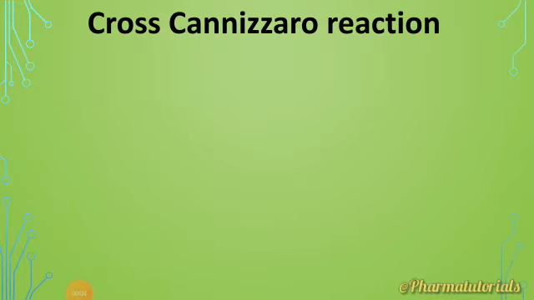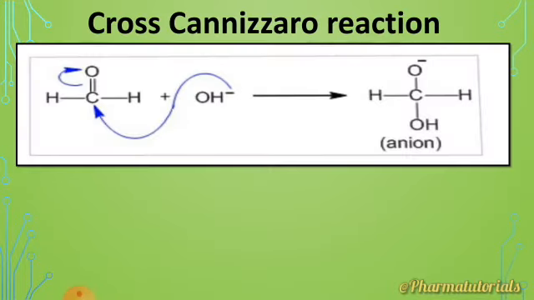The cross-Cannizzaro reaction, not surprisingly, produces only 50% of the required alcohol and carboxylic acid under ideal conditions. Let us see the mechanism of the cross-Cannizzaro reaction. In the first step, there is nucleophilic addition of hydroxide ion on the carbonyl group of the formaldehyde to give the anion.